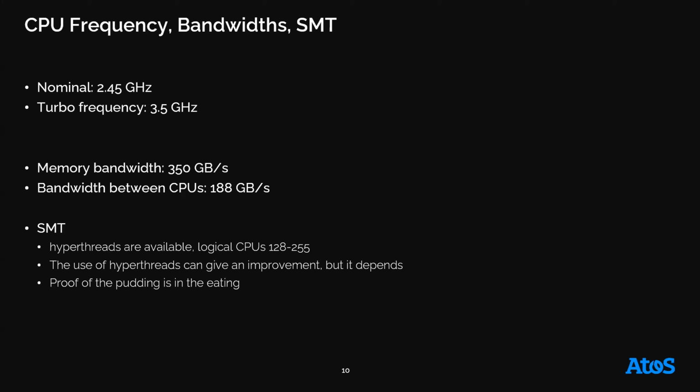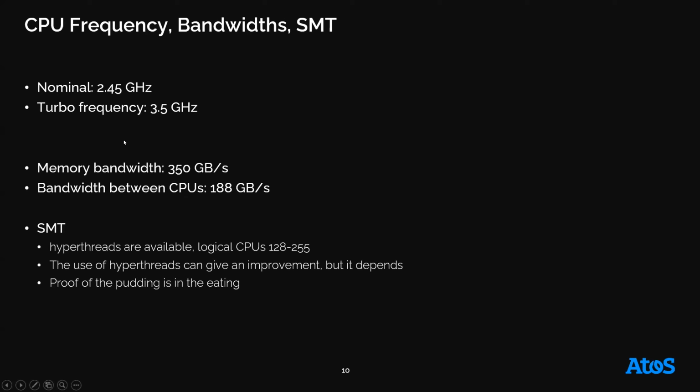The idea is that the turbo frequency allows the CPU to go to a higher frequency if there's still enough energy available. As long as the CPU does not run too hot and is not already using a lot of energy, maybe because the application is waiting quite a large part of the time for memory, then a core could go up to 3.5 gigahertz.